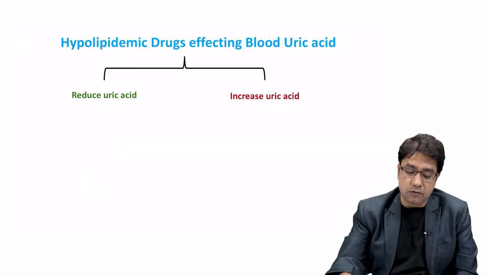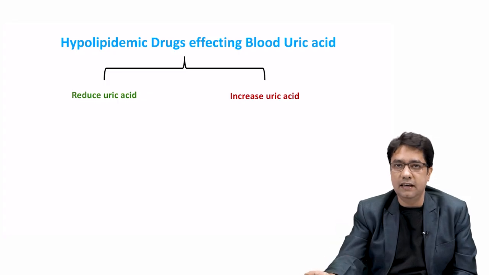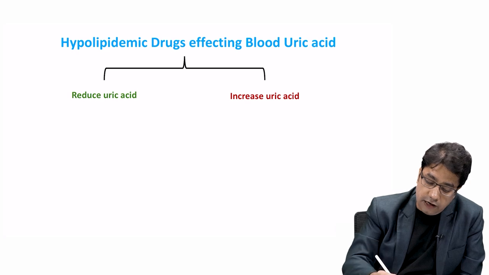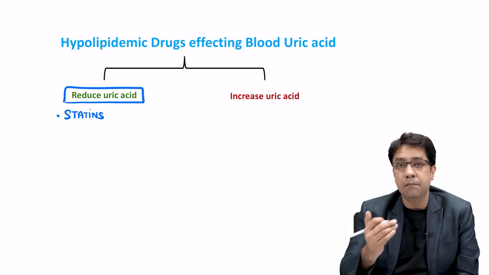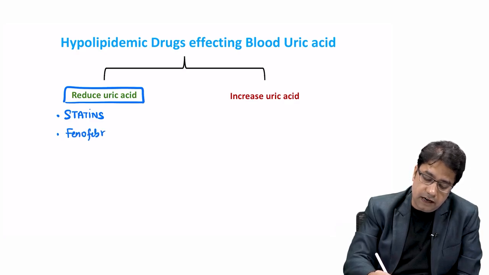Now let's talk about which hypolipidemic drug affects blood uric acid level. So uric acid level is reduced by which hypolipidemic drug? Statins. Statins reduce blood uric acid level. We discussed the pleiotropic effect, and fenofibrate also reduces blood uric acid level.